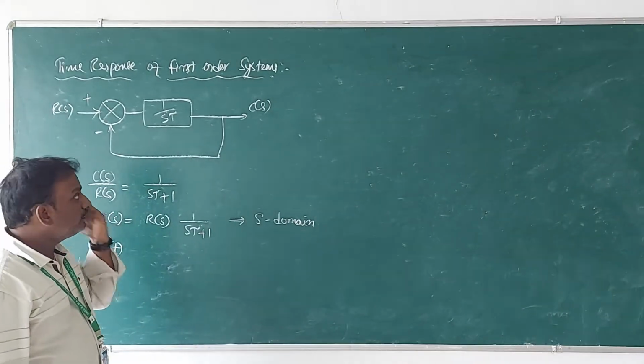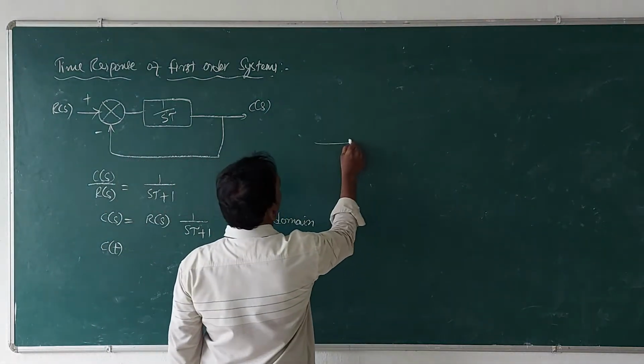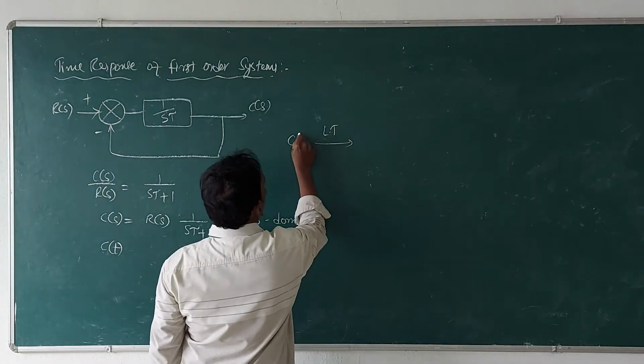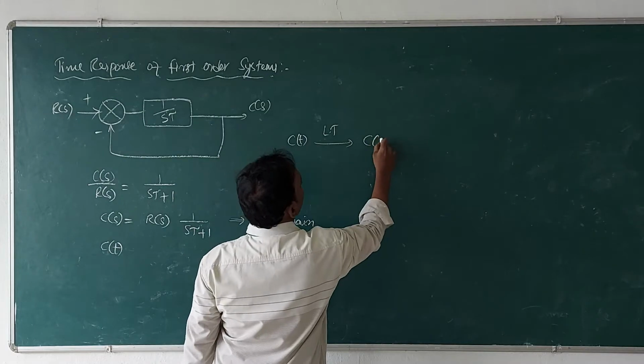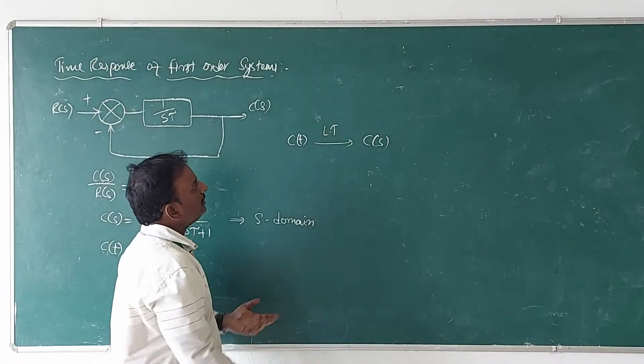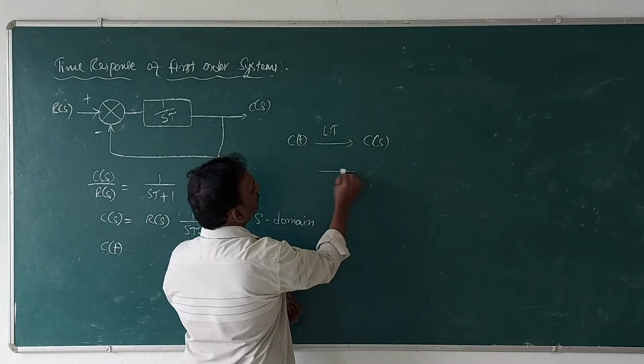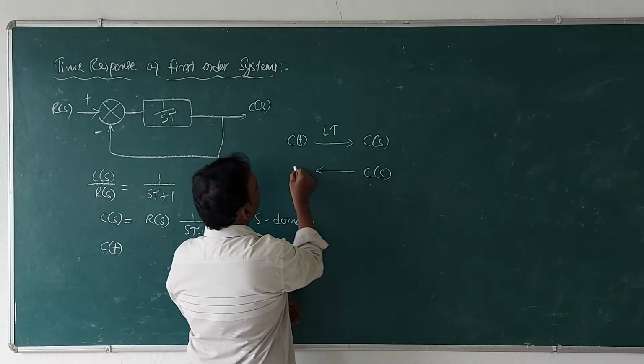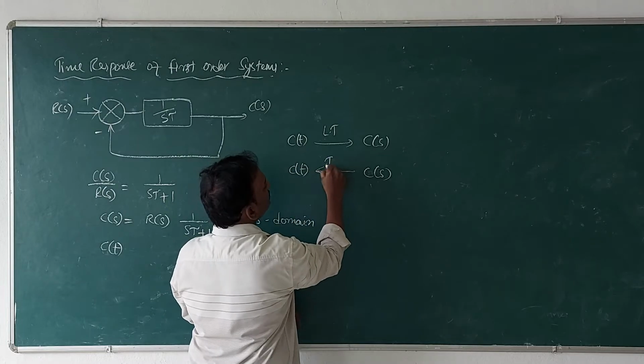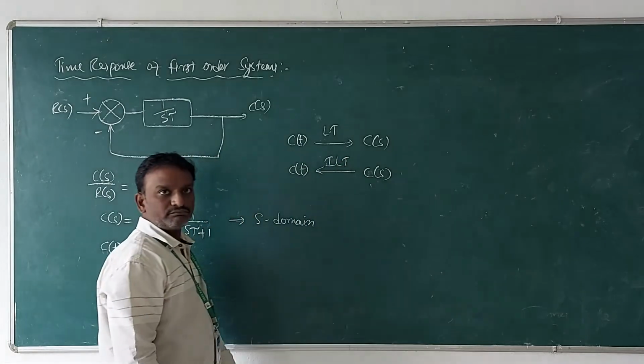So already you know, if I apply the Laplace transform to C of t, I get C of s. Is it right or not? So in order to get C of t again from C of s, I want to apply the inverse Laplace transform, ILT.